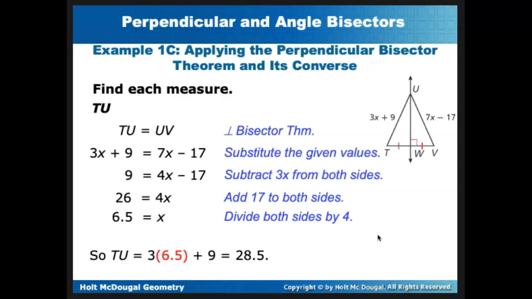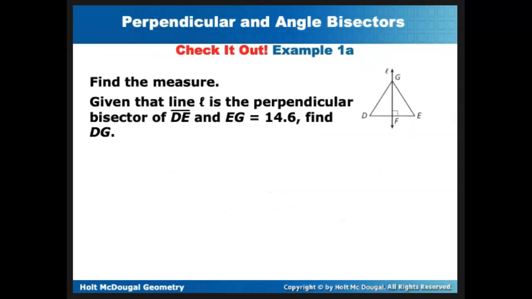It doesn't really matter if I substitute it back into TU or UV, the expression for either one, because we get the same result. But this time they chose to put it into TU, and we get 28.5 units. So pause the video and try this one.